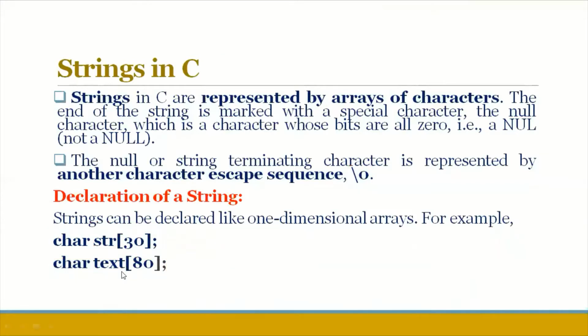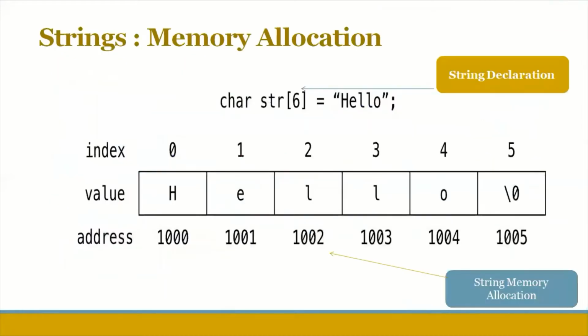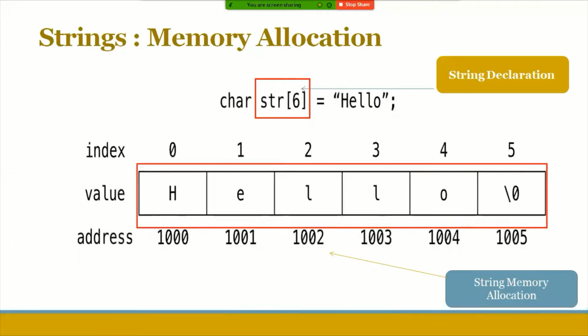Now we will see how to initialize the memory location, or the memory allocation concept. Once we declare a string variable like this, the compiler immediately allocates 6 memory locations, and in these 6 memory locations this string will be stored, character by character, in the corresponding locations.